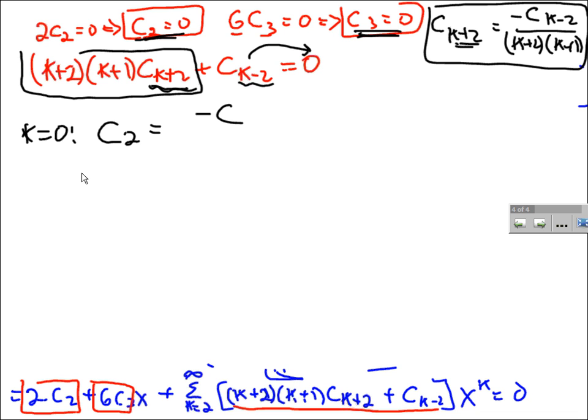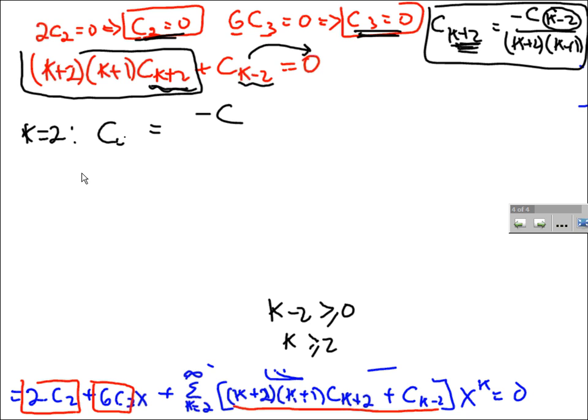So we need to decide where we start from. What you want this to be is 0. You want that to be no smaller than 0. You want k minus 2 to be bigger than or equal to 0. That means k must be at least 2.